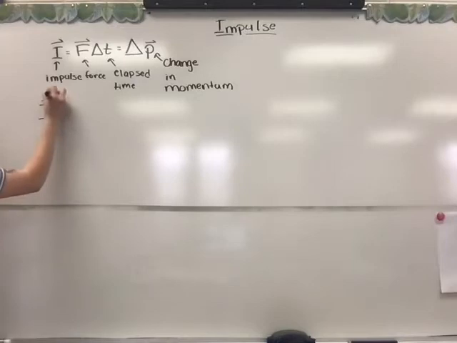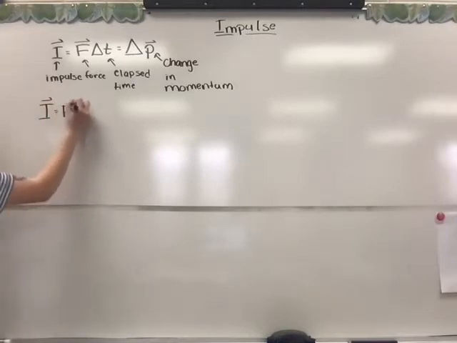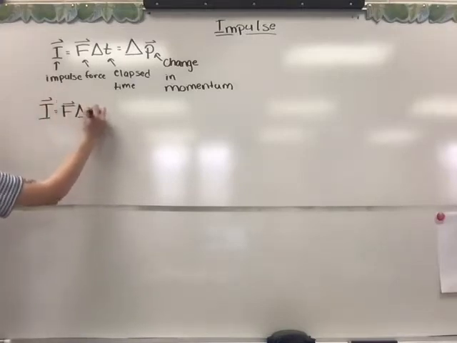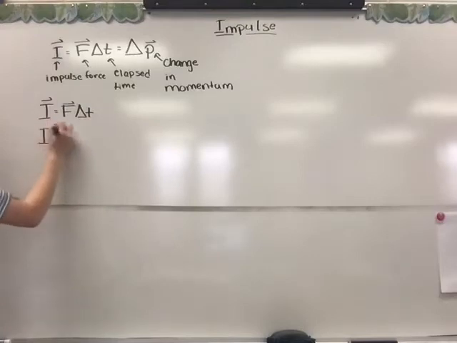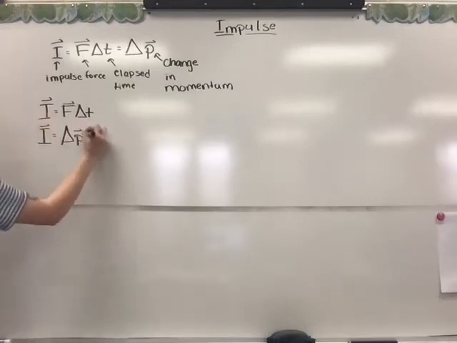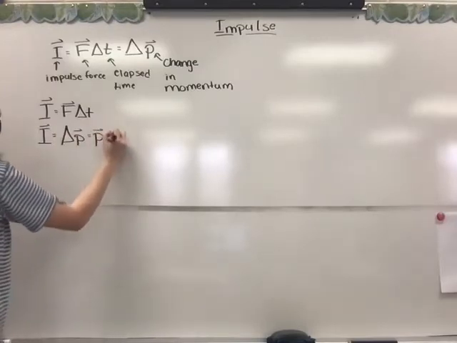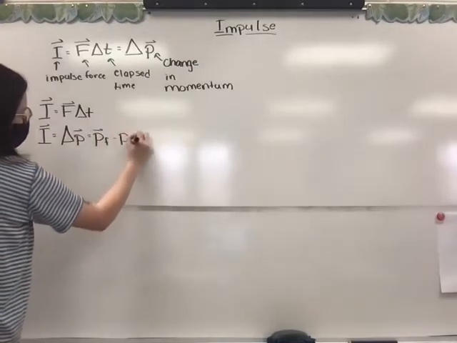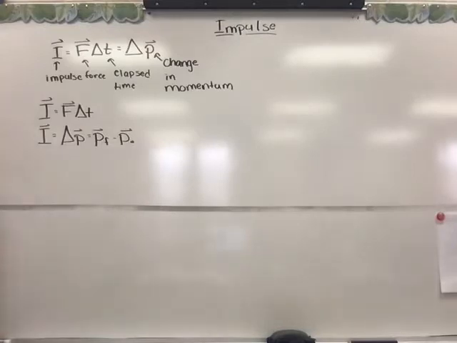We have impulse equals force times the elapsed time. And we have that impulse is equal to the change in momentum, which means final momentum minus initial momentum.